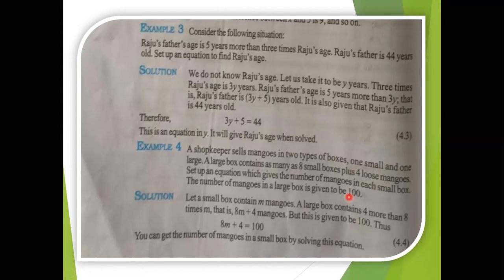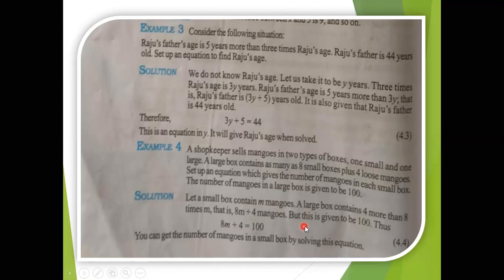So for this, how will you form the equation? See here, let a small box contain m mangoes. How many mangoes it will fit, we don't know, so let us assume m mangoes. Next, a large box contains 4 more than 8 times m. So 8 times m means 8m, and 4 more than that, so 8m plus 4 mangoes.